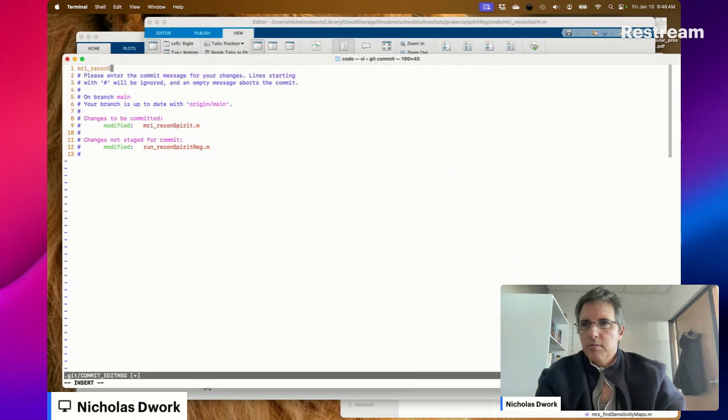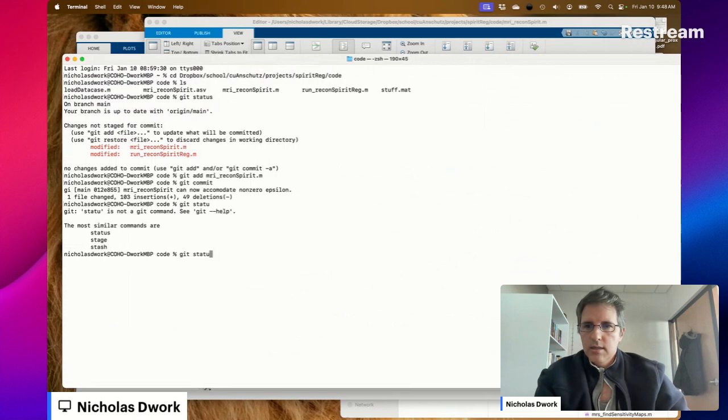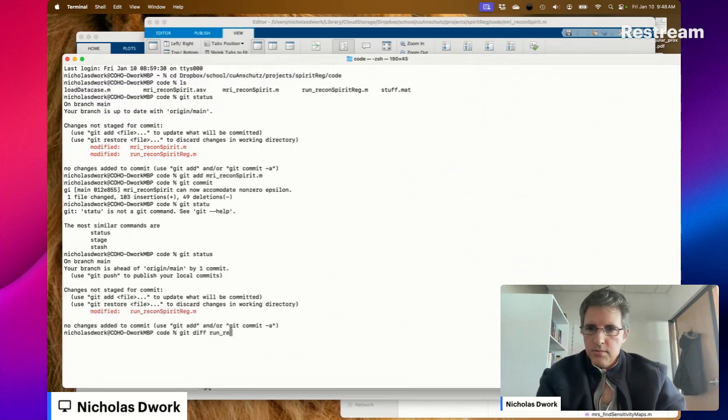My recon SPIRiT can now accommodate non-zero epsilon. Status, diff run recon SPIRiT.